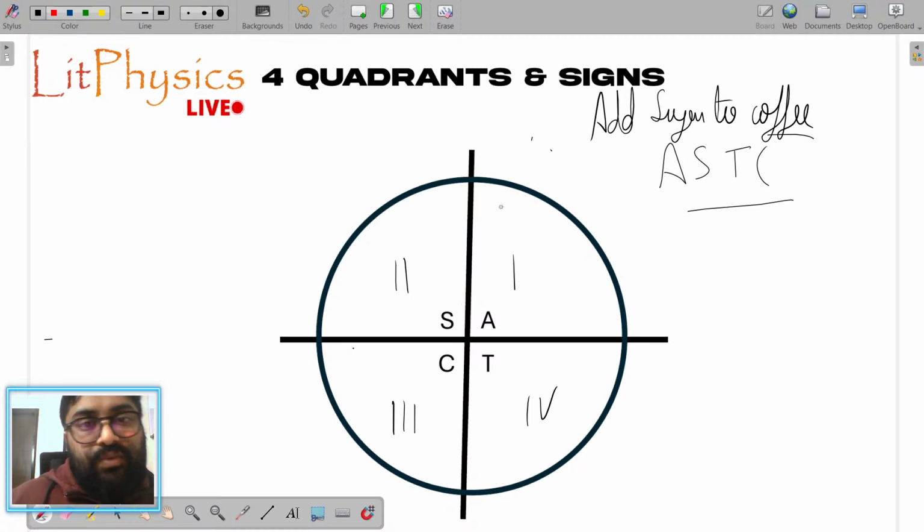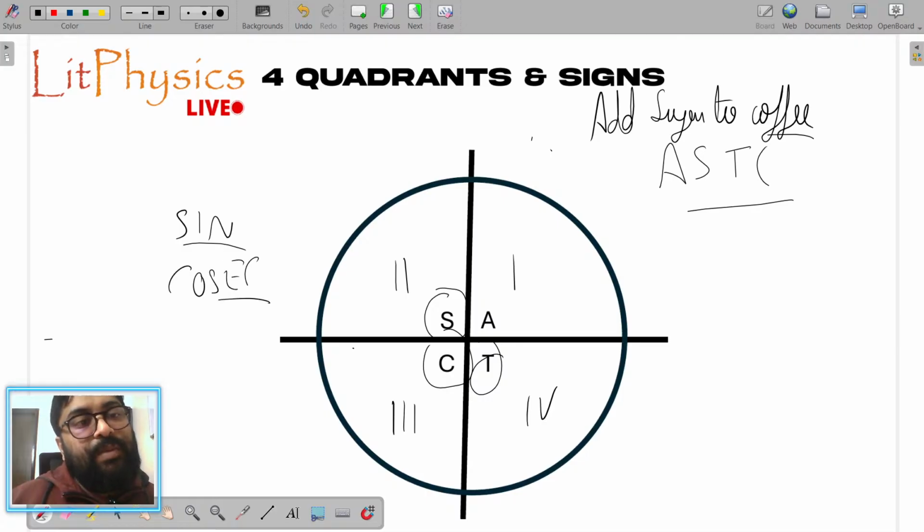So when we move into the other quadrant, we will check which one is positive. Rest all others will be negative. Other than the first quadrant, in the other quadrants, only one value will be positive and its reciprocal. So when we're talking about sine, the cosecant will be positive.